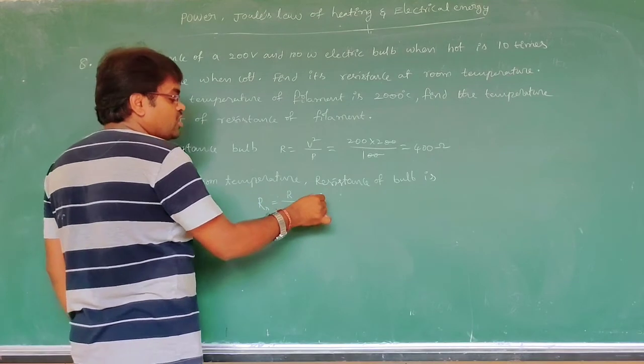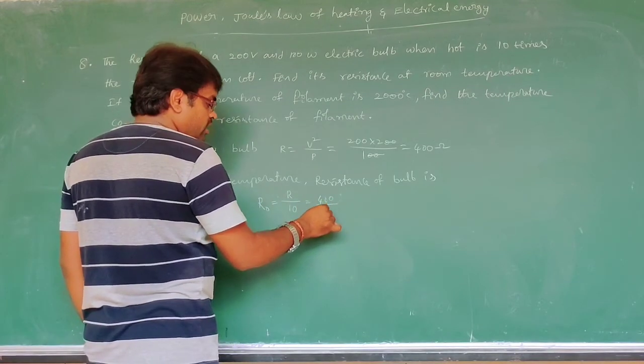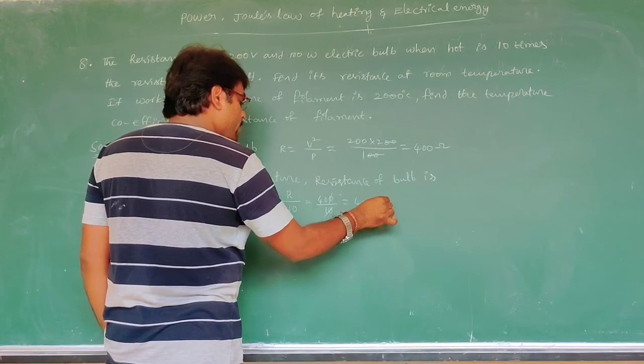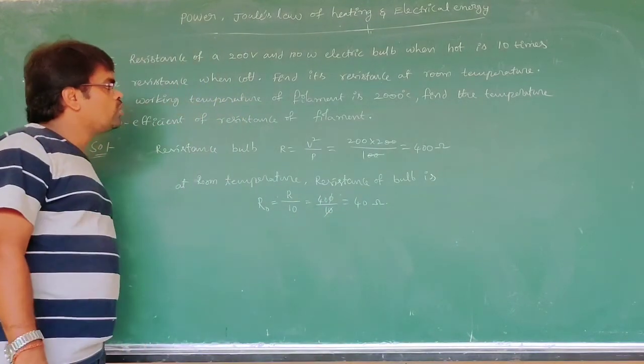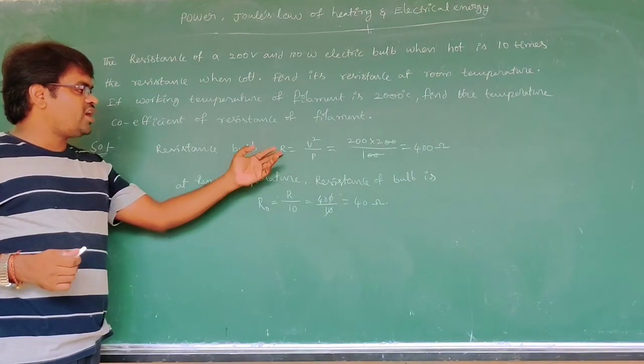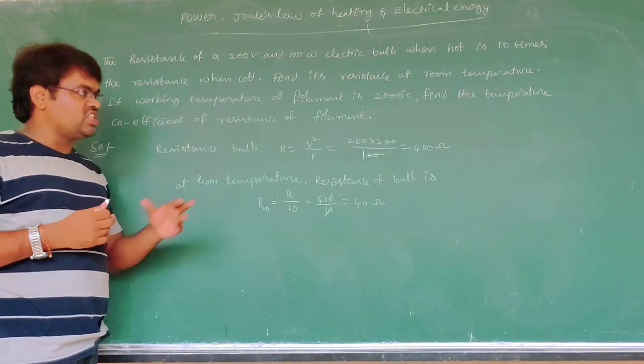That is 400 by 10, that is 40 ohm. Now they are asking the temperature coefficient, at the temperature 2000.